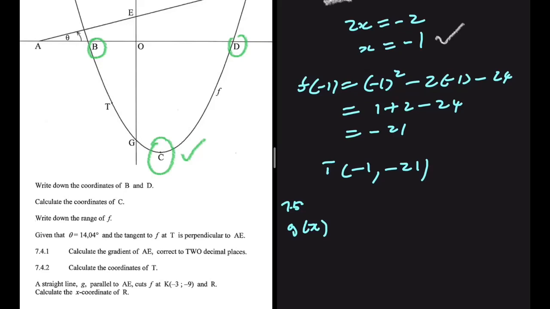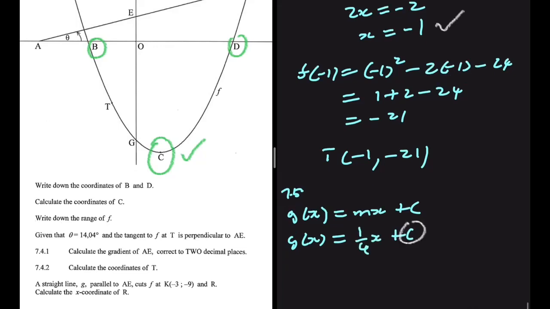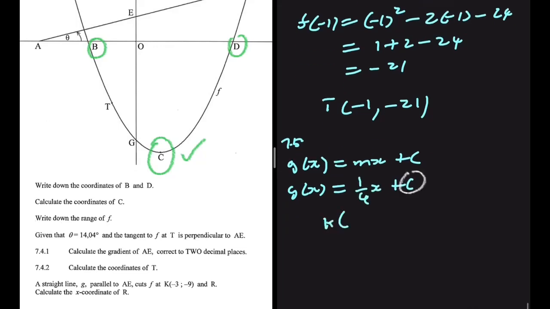So our first step, let's find the equation of G of x. We're given the gradient of G of x, so to say: it is said to be parallel to AE. The gradient of AE is 1 divided by 4, so the gradient of G of x should be 1 divided by 4. Now we just need to find C, but we're given K, a coordinate on G, so C should be quite easy to find.